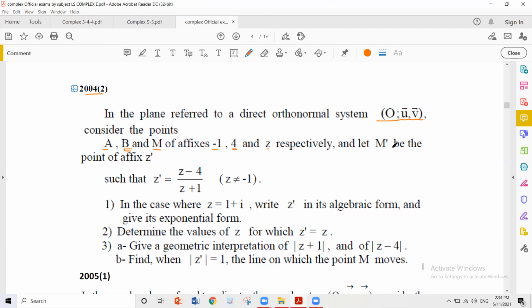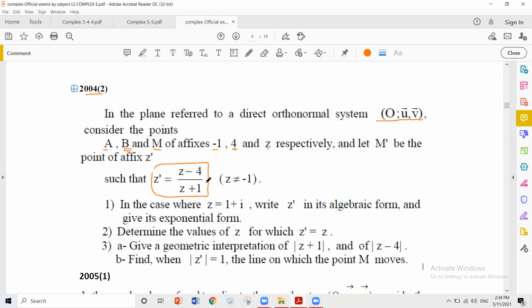M prime is a point of affix z prime such that z prime equals z minus 4 over z plus 1. In case z equals 1 plus I, write z prime in the algebraic form and give its exponential form.